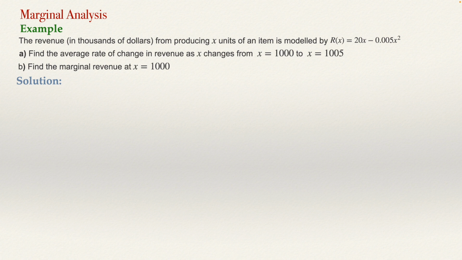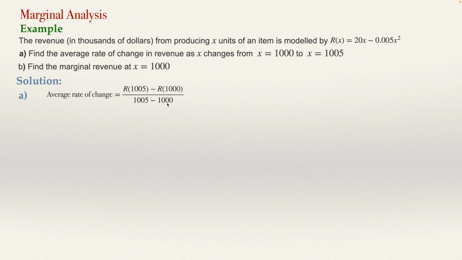items produced. So the average rate of change will be the revenue at the last value of x minus the revenue at the first value of x. It was changing from 1000 to 1005, so it will be the revenue at 1005 minus the revenue at 1000. And at the bottom, make a subtraction of the last value minus the first value, 1005 minus 1000.